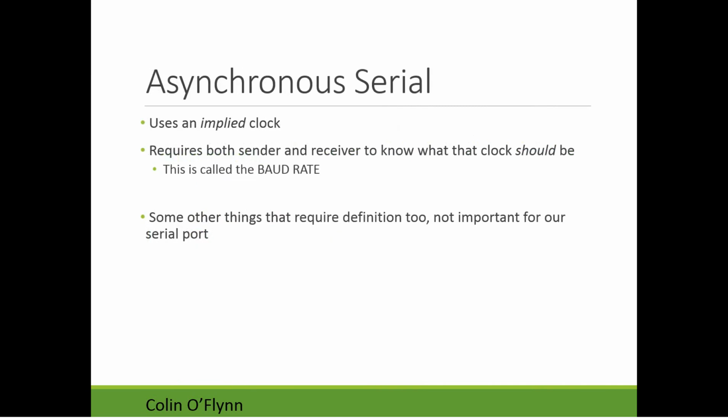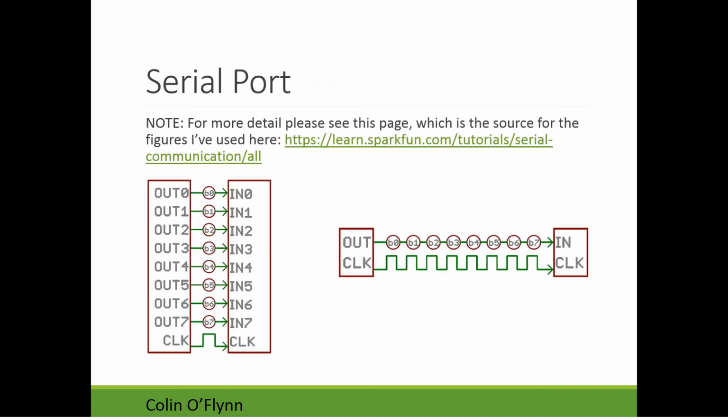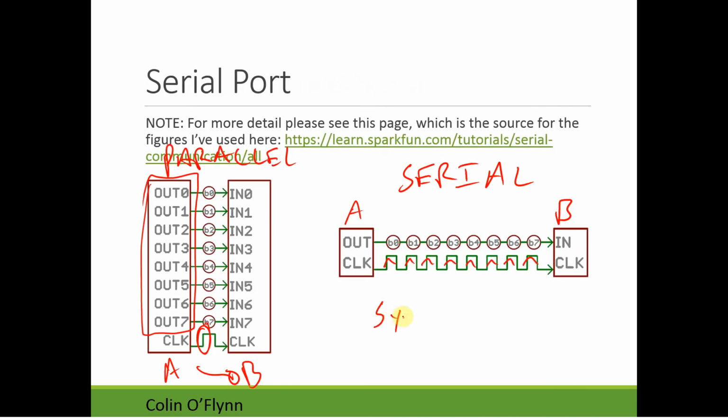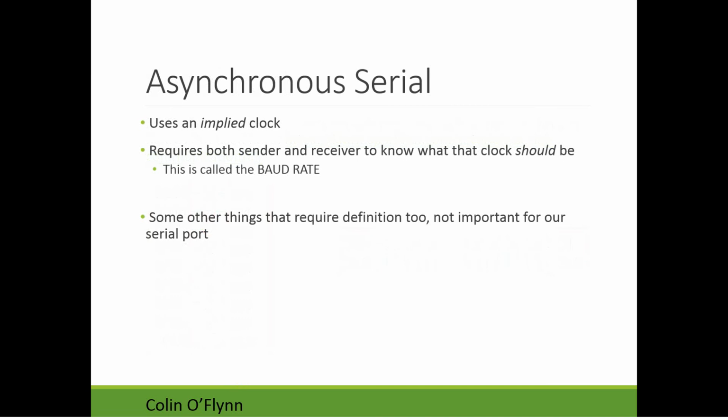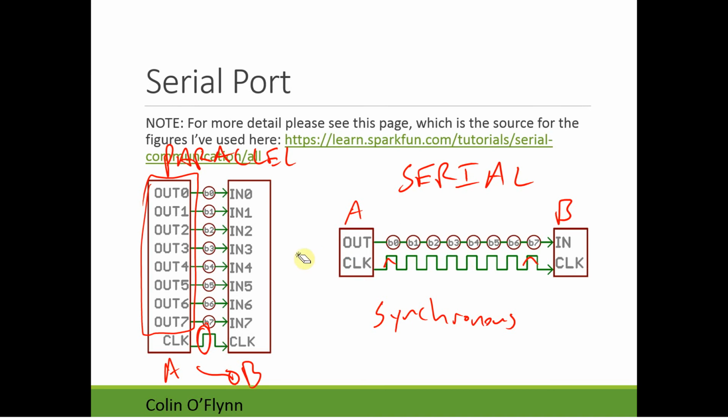Asynchronous serial, which is really what we're using, is different from what I've shown here, which is synchronous. Synchronous simply means there is a clock and everything occurs relative to the clock. With asynchronous, there's no clock, and the sender and receiver assume the time base. They say, we don't need this clock. Instead, this line is not here, you're going to start sending, and every 1 millisecond, you're going to send me a new bit.